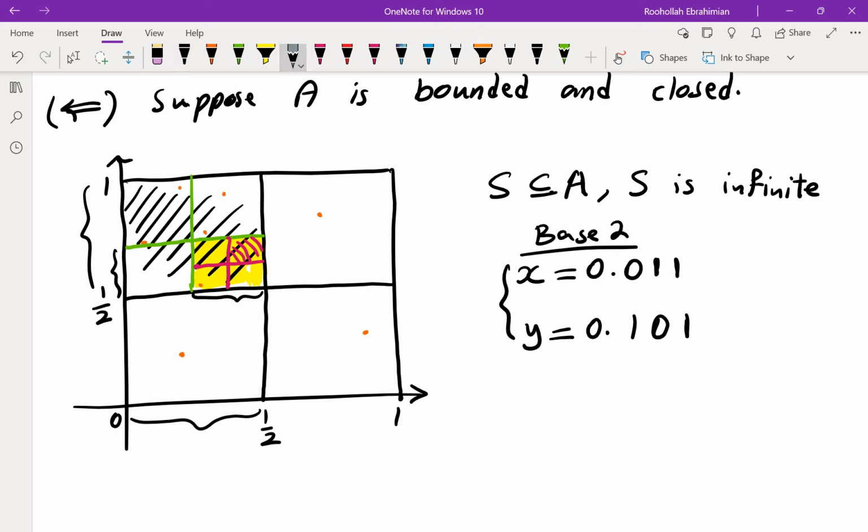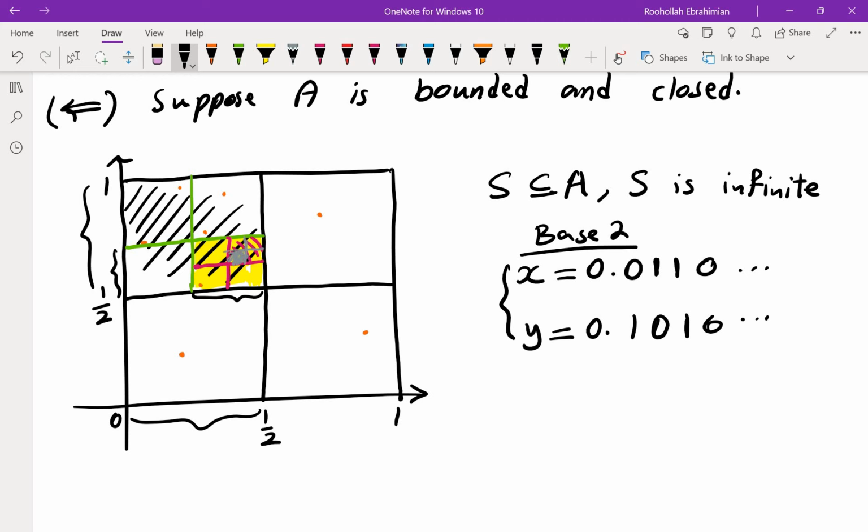As we see, this point is close to infinitely many points of this set because each of these squares has infinitely many points. We divide this one. Let's say this time we get this square. If we get this square, it means both of them are 0. We keep doing that, and it can be shown that this is in fact a limit point of the set, which means in fact the set A is compact.